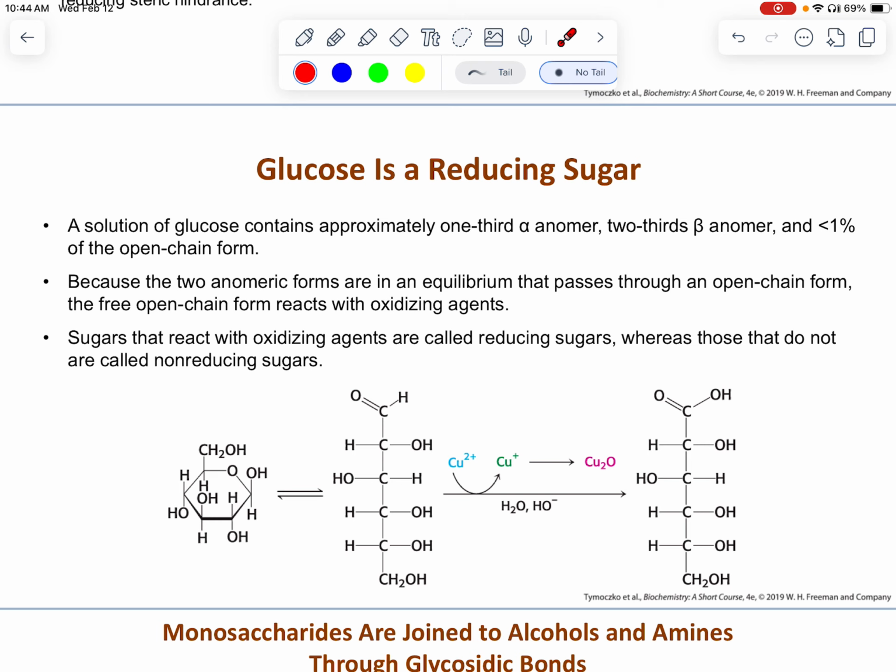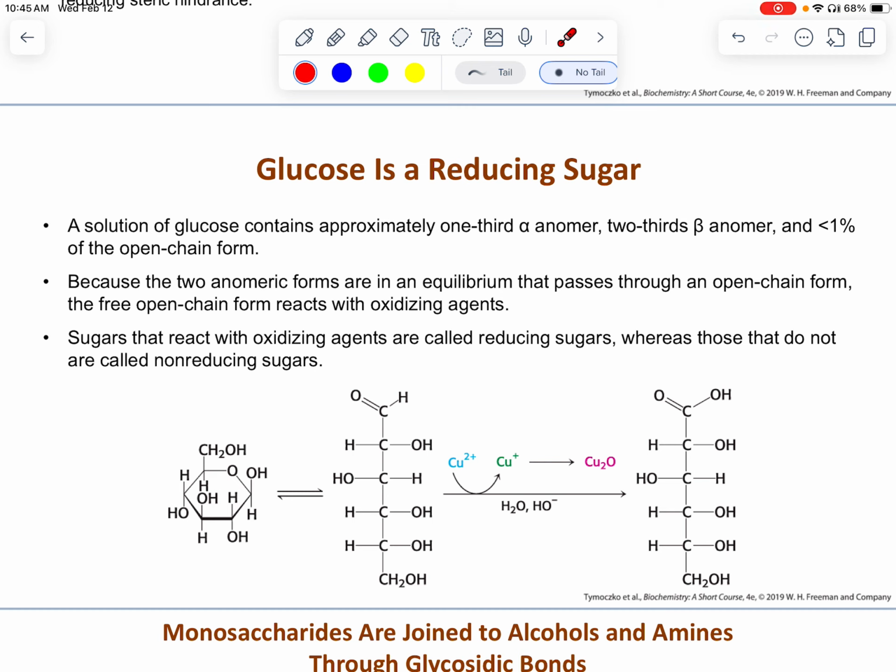All right, if you think about an oxidizing agent, or a reducing agent, we said it's a reducing sugar. Something that is a reducing agent causes something else to be reduced. So it itself is oxidized. Remember, lose electrons oxidation, gain electrons reduction.